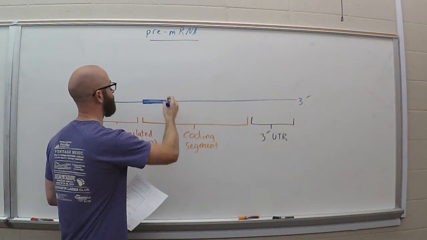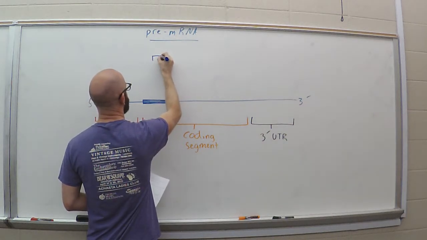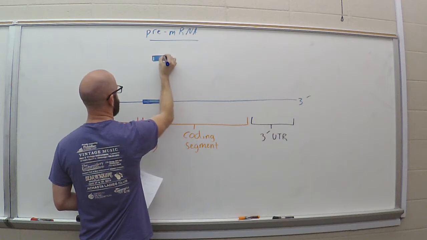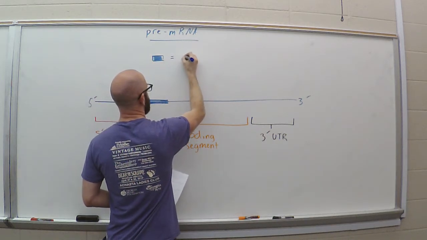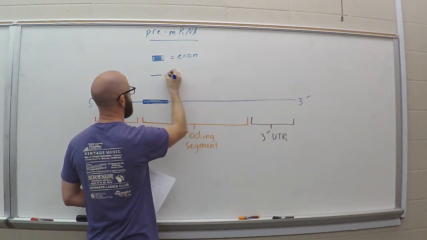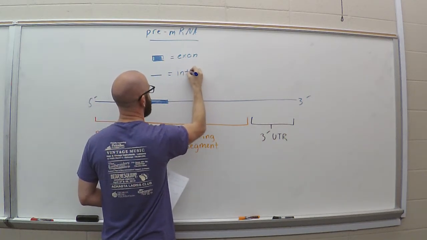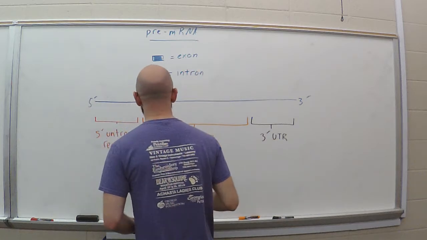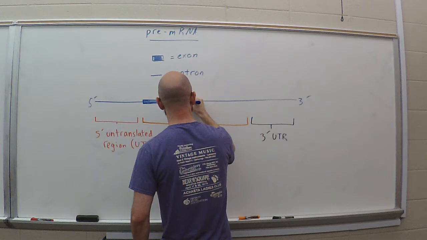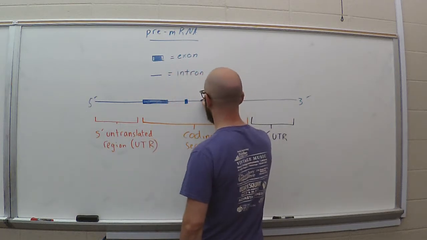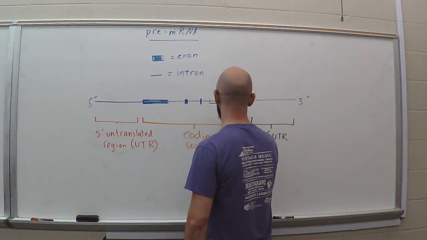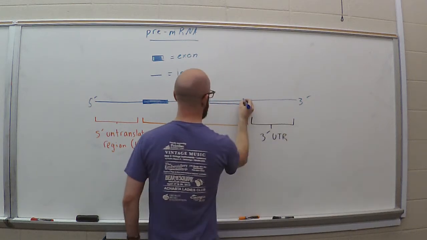So we'll denote them like this, right? Where it gets thick, that's an exon, and where it's just a line, that's an intron. So some of these exons are long, some of them are pretty short, some of them are very short, and then some of them can be really long.